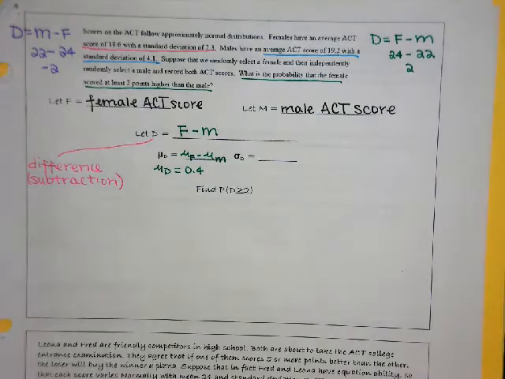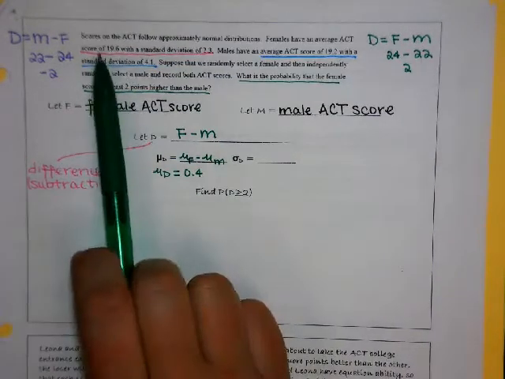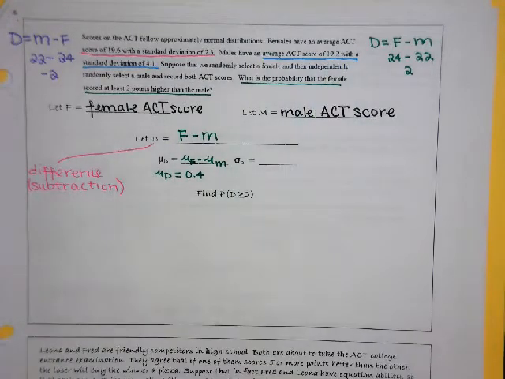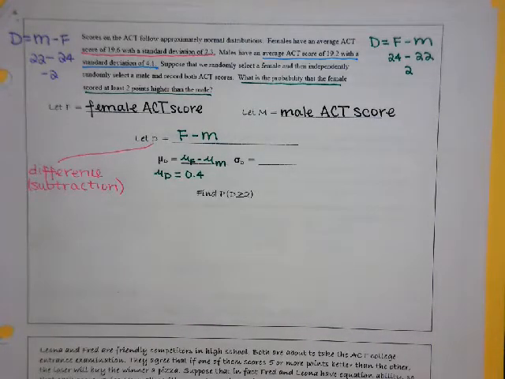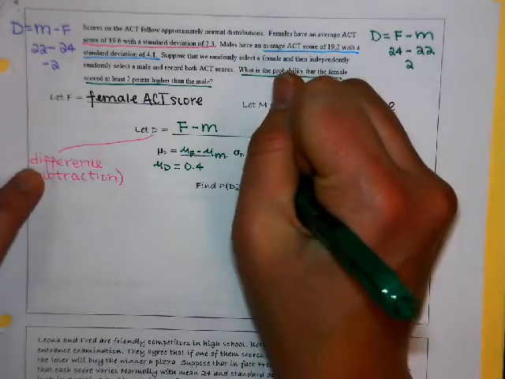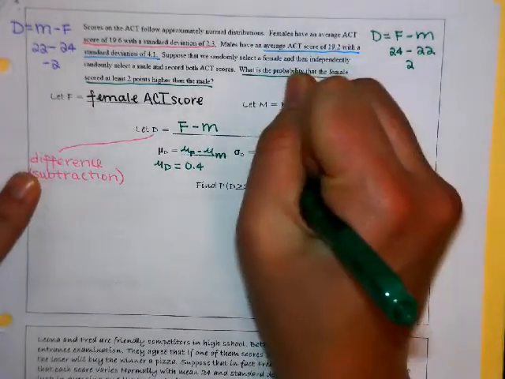Then the weird thing about standard deviation is you don't subtract them. You don't subtract variances. You add them. So to find the standard deviation for D, we're going to take the standard deviation of females, square it, so we're working with the variance, and then add it to the standard deviation of the males squared.